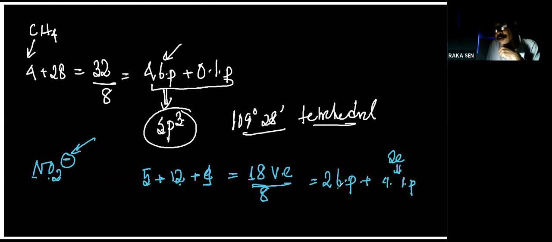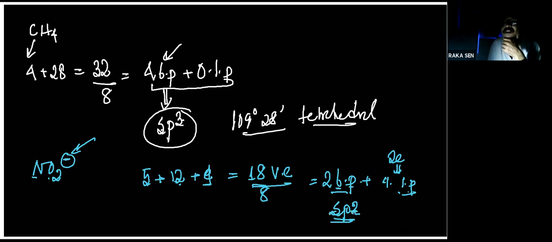That means I have to accommodate 3 pairs of electrons. 2 of them are bond pairs and 1 of them is a lone pair. I need to accommodate 6 electrons. That means I'll be requiring 3 orbitals. That means this will be sp2. 1 s and 2 p's, 3 atomic orbitals are mixed to give you 3 hybrid orbitals.